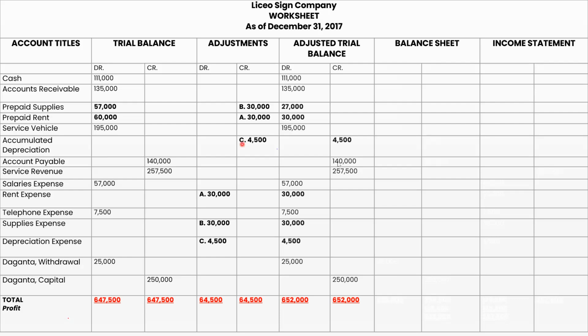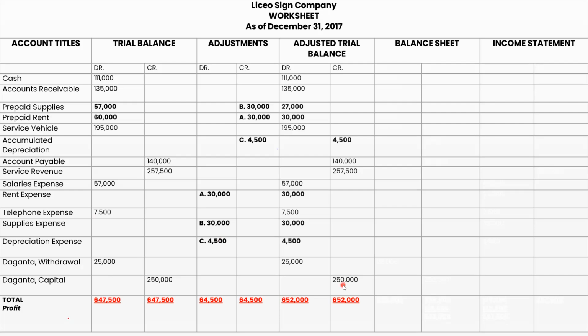Accounts payable, as is, copy it to credit 140. Service revenue, copy as is. Salaries expense, copy. Rent expense, 30,000, the adjustment is in debit, so put it in debit too. Telephone, as is. Supplies expense, 30, in debit. Depreciation also has an adjustment of 5. Then withdrawal as is, and capital as is.